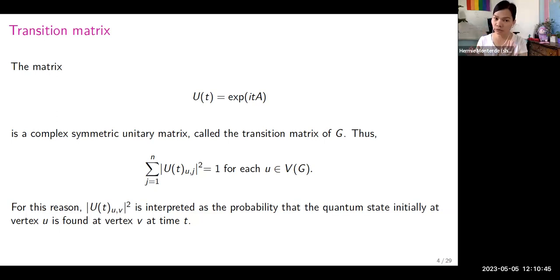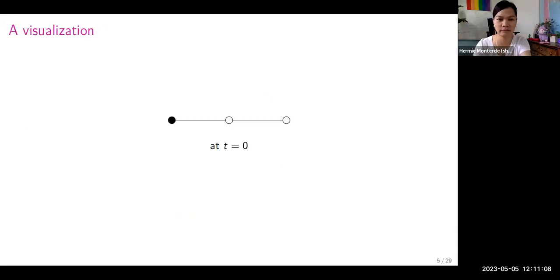If you take the modulus of that and square it, we can interpret that as the probability that the quantum state initially at vertex u is found at vertex v at time t. All right, just feel free to interrupt me if you have questions. I hope everything's clear for now.